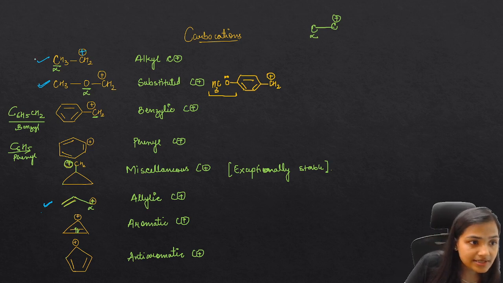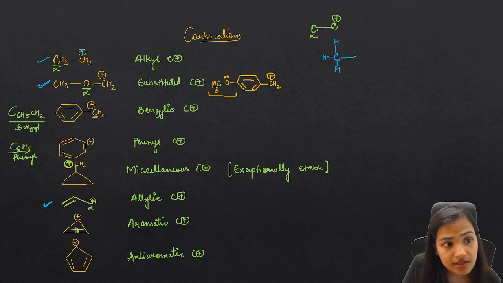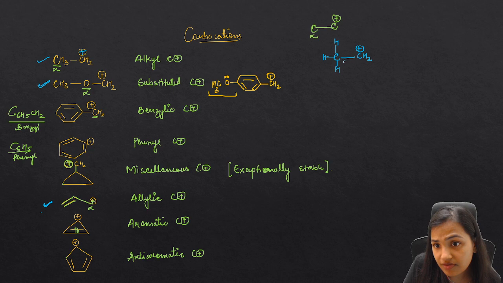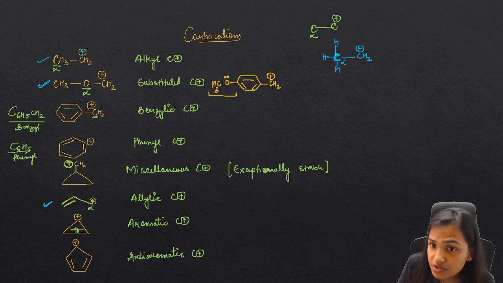In example number one, we have the alkyl carbocation, CH3CH2 positive. At this alpha position, what do we have? Do we have any lone pair? No. Do we have a pi bond? No. Do we have alpha hydrogens? Yes.